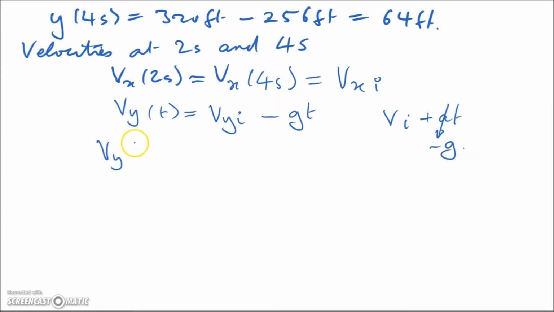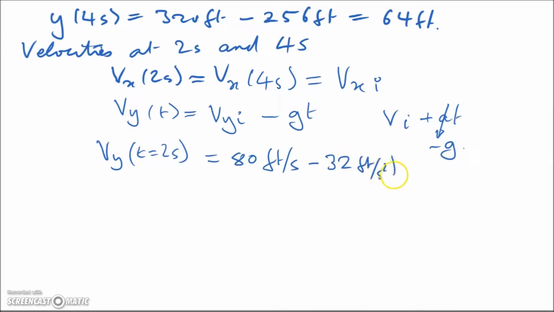So Vy at t equals 2 seconds is the initial velocity in the y direction, which is 80 feet per second, minus the acceleration due to gravity, 32 feet per second squared, times 2 seconds. And if you work all of that out, you'll find that that is equal to 16 feet per second.